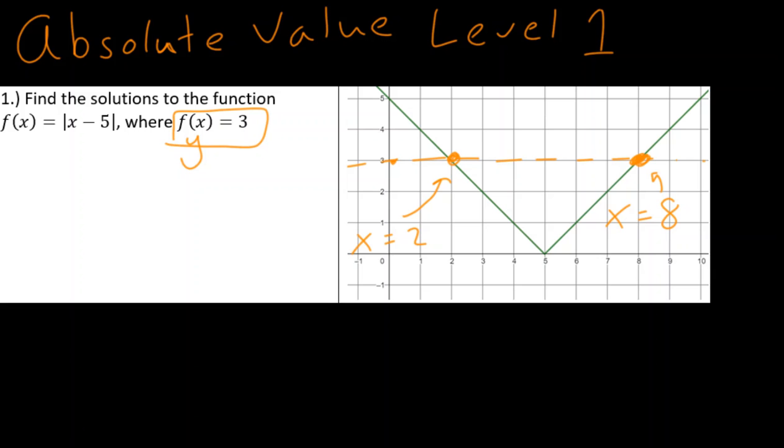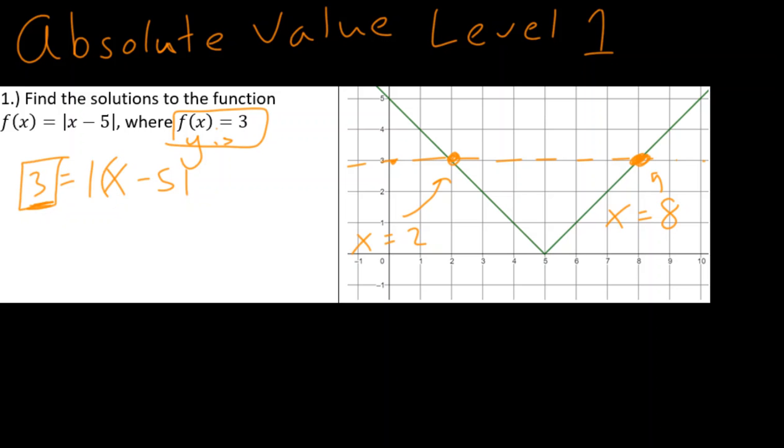So we know that f of x equals 3 really means that f of x is 3. And so we can write this: 3 is equal to the absolute value of x minus 5. Now notice, what did we do in our previous video, the intro to absolute values? Whenever we had the absolute value bars by themselves, we changed this singular term into both a positive and a negative. Why is that?